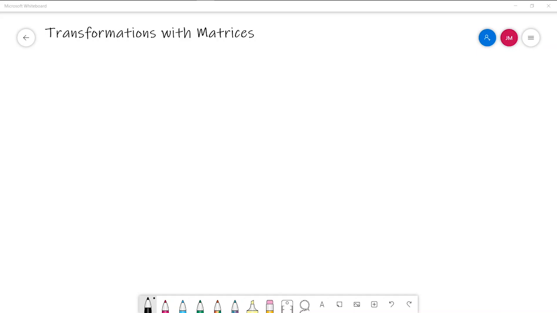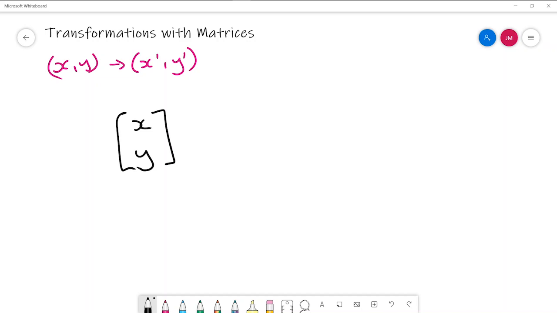Let's look at how we can use matrices with our transformations. So if you remember, we start with an original point x, y, and we're mapping that to the new point, or the image of x and y. So the transformations are saying what's happening to this original point to get us to the image. Now we can write x and y as a matrix like this, a 2 by 1, and we can say, well, we want to change this somehow.